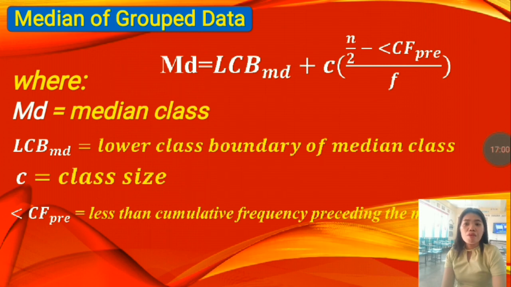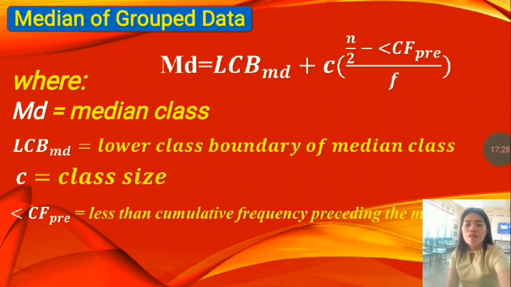MD stands for the median class. Then we have LCB sub MD, which represents the lower class boundary of the median class. C is the class size, and F sub pre is the less than cumulative frequency preceding the median class.